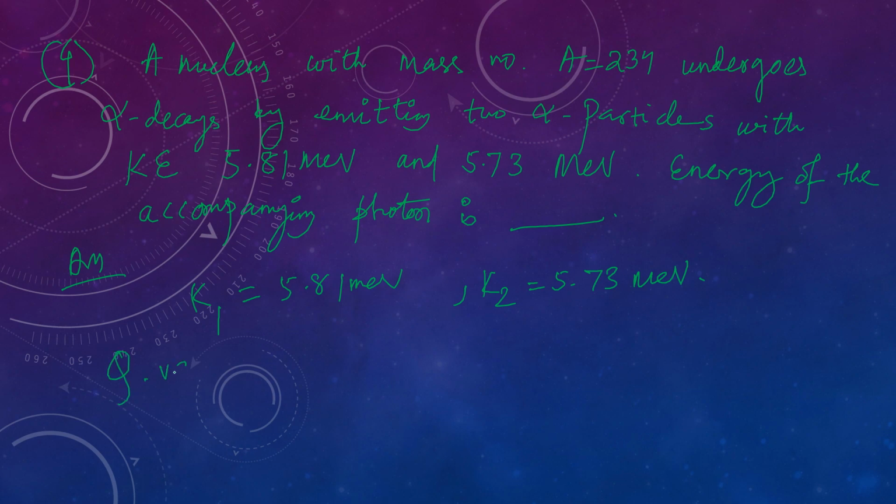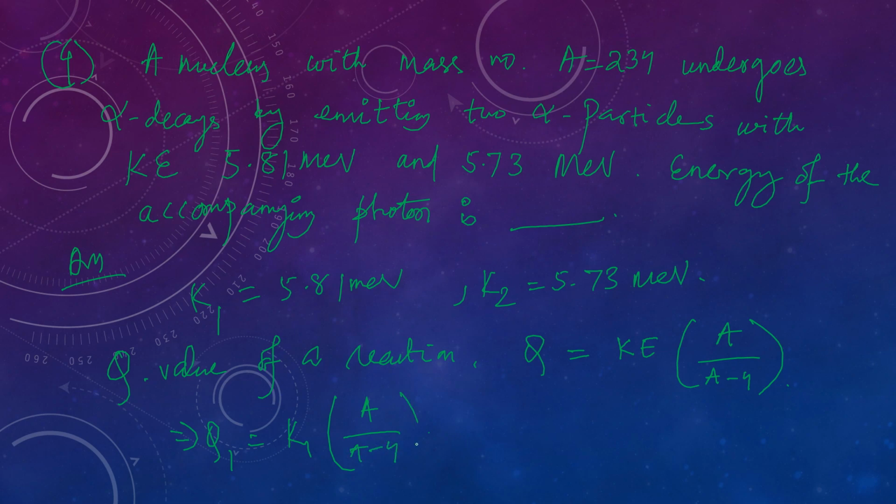We know the Q value of a reaction: Q is equal to kinetic energy times A by A minus 4. So for kinetic energy 1, Q1 will be K1 times A by A minus 4, because the same nucleus is being decayed.